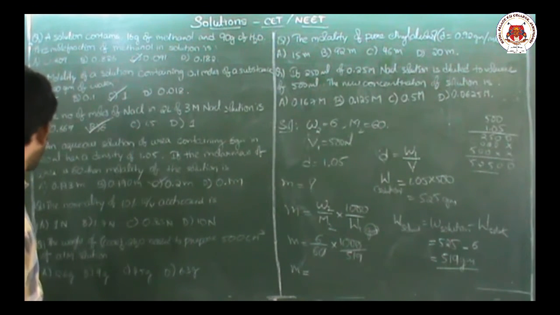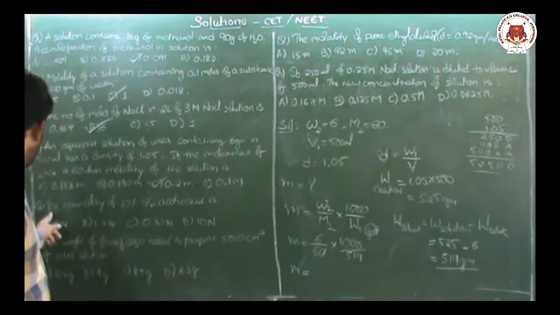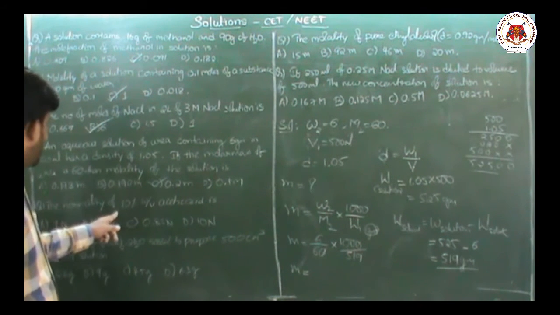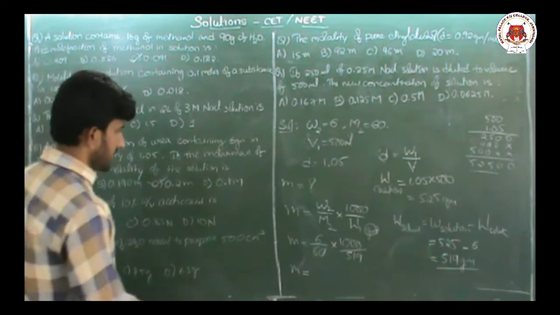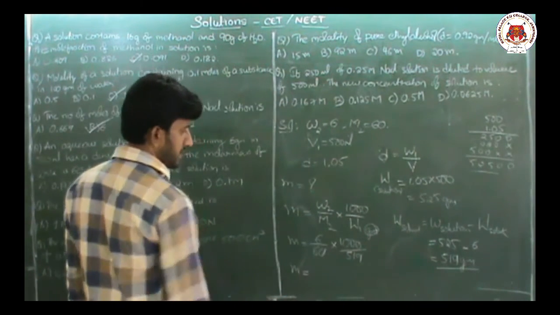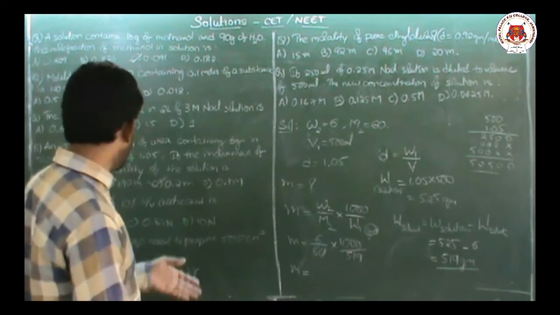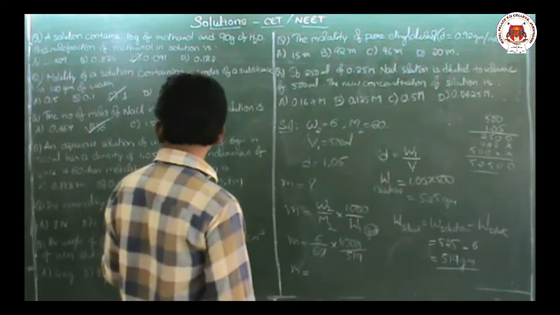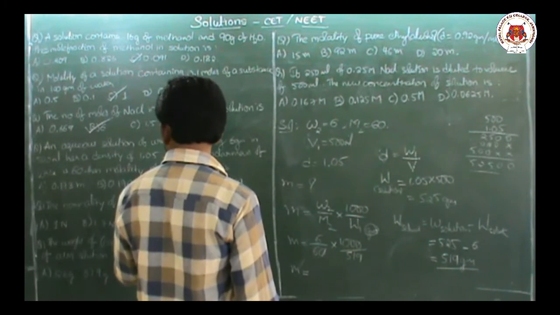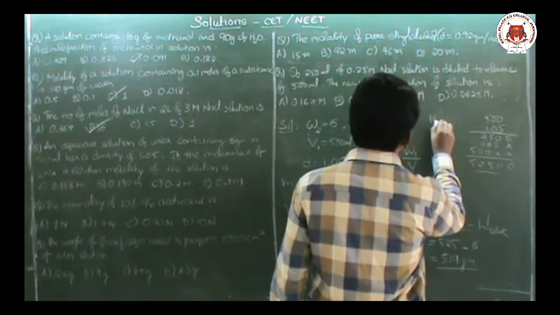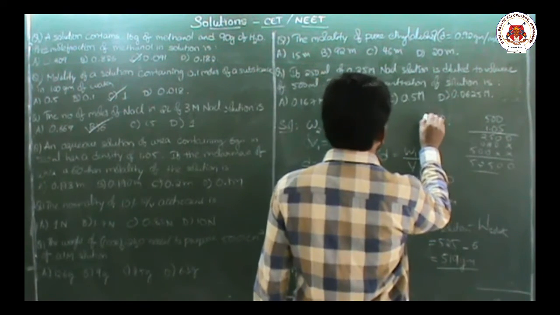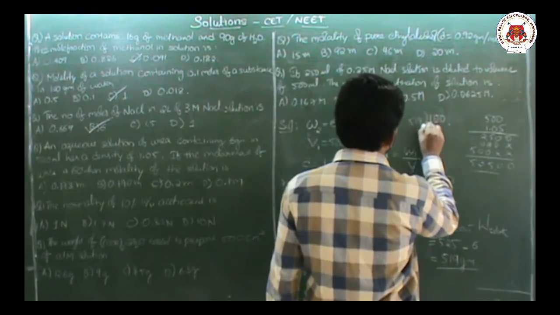So next question is the normality of 10% weight by volume acetic acid. But let me check this first. 100 by 519, I am thinking it may be nearer to 0.19. So let me check this: 100 divided by 519.